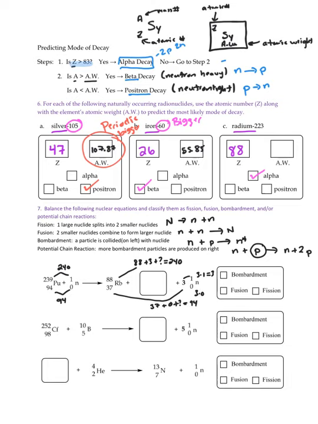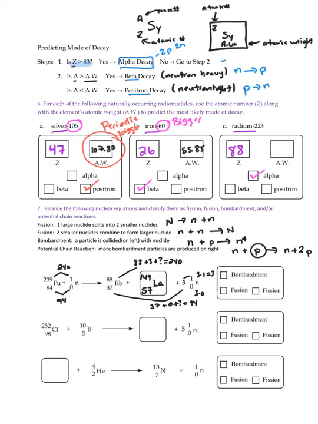And so in this case, I take 240 minus 91, and I'm left with 149. On the bottom, 94 minus 37 is 57. And I go to the periodic table, and I see that element 57 is lanthanum.